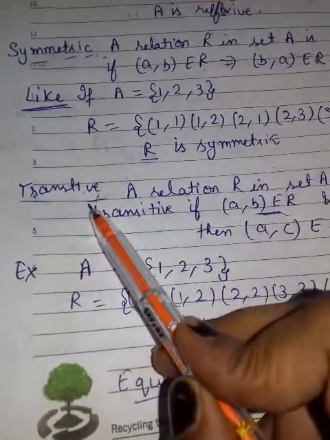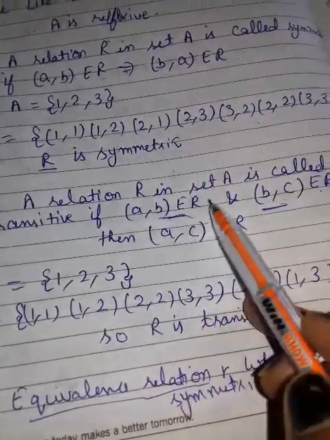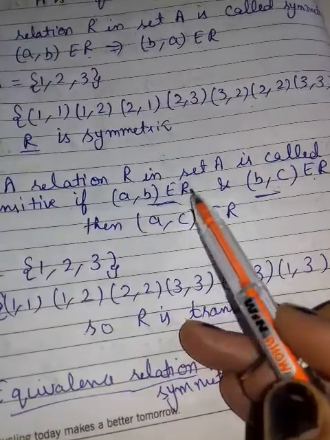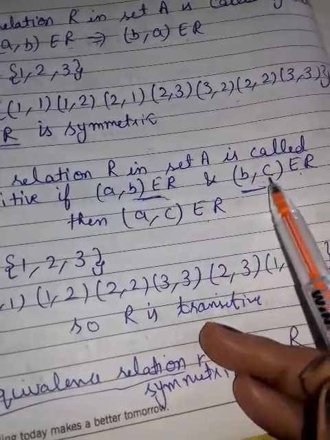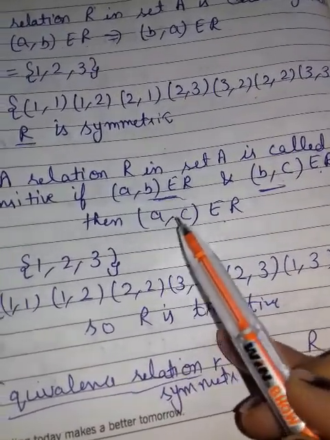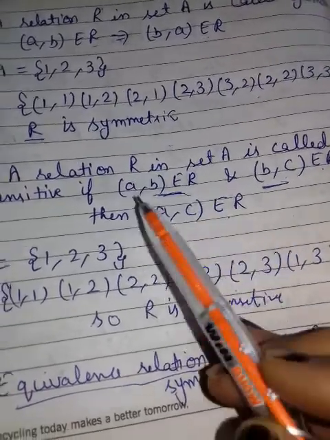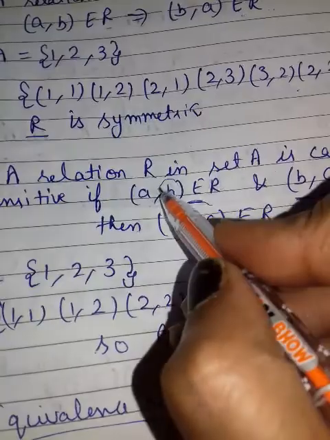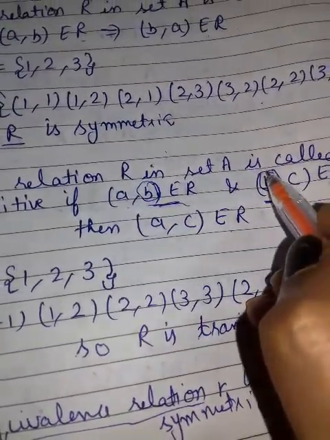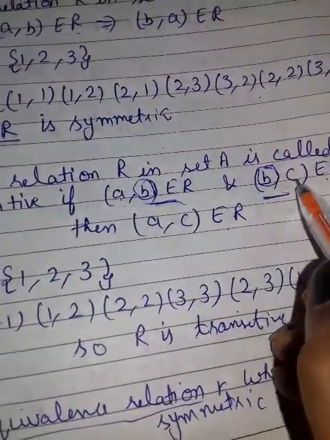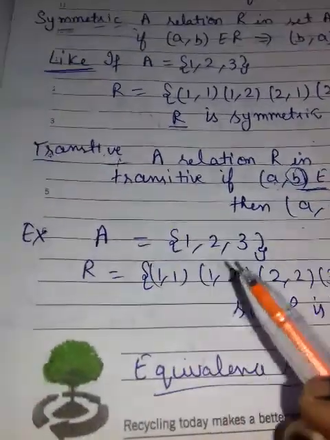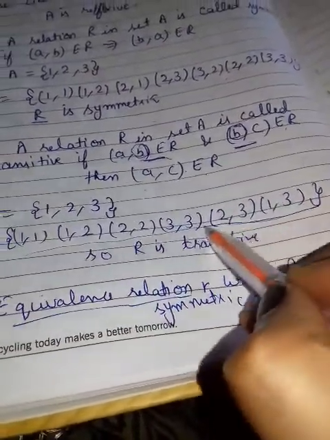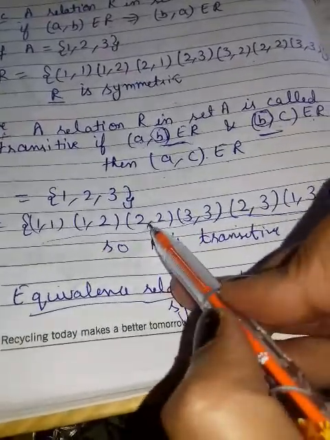Third one is transitive. A relation R on the set is called transitive if (a, b) belongs to R and (b, c) belongs to R, then it must have (a, c) belonging to R. It is a necessary point. You have to see if this point is repeating here, then you will say that it must have it like this. Suppose I have taken one example and you have been given this relation: (1,1), (2,2), (3,3).